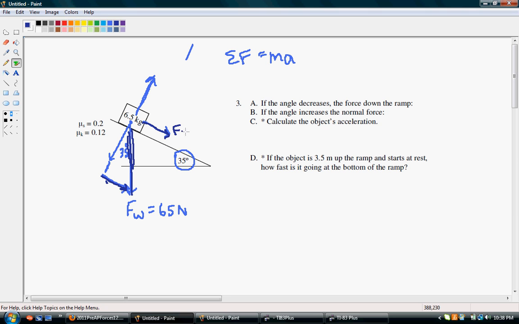So the force of weight in this direction down the ramp, that component will be the force of weight, which is 65, sine theta, so sine 35. Our normal force in the y direction is going to be 65 cosine 35.